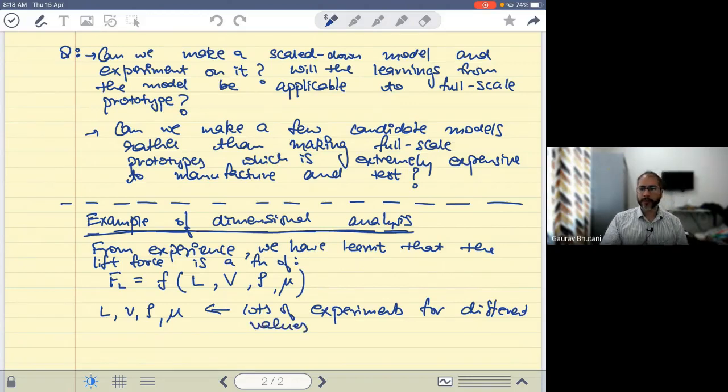For different values, so let's say 10 values of L. So I manufacture 10 different wings. One is the actual size, one is L by 10, one is probably somewhere between L by 10 and L, and so on. So we will have 10 wing sizes.